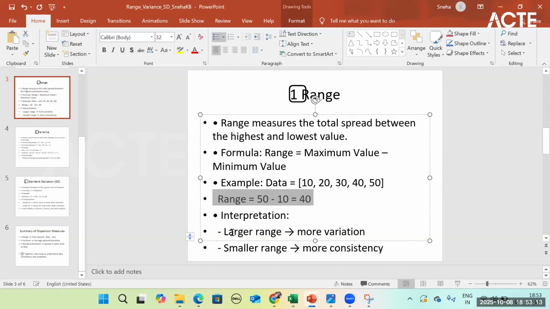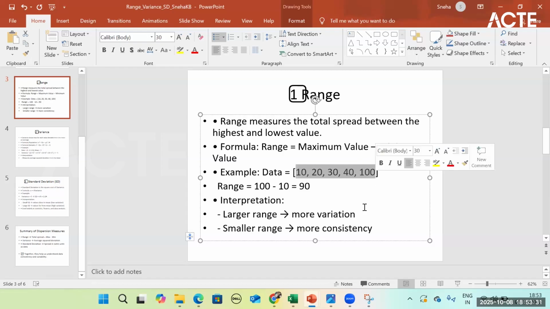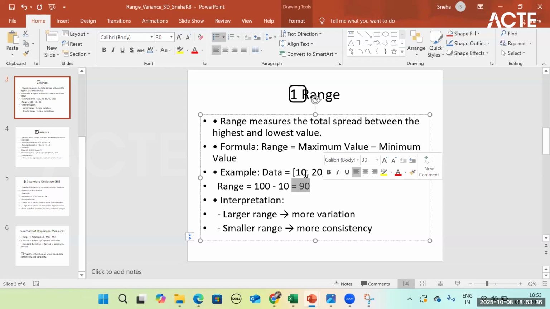If there is a large difference, for example 100 minus 10, that would be 90, right? This is a lot of difference, because there is one maximum value.